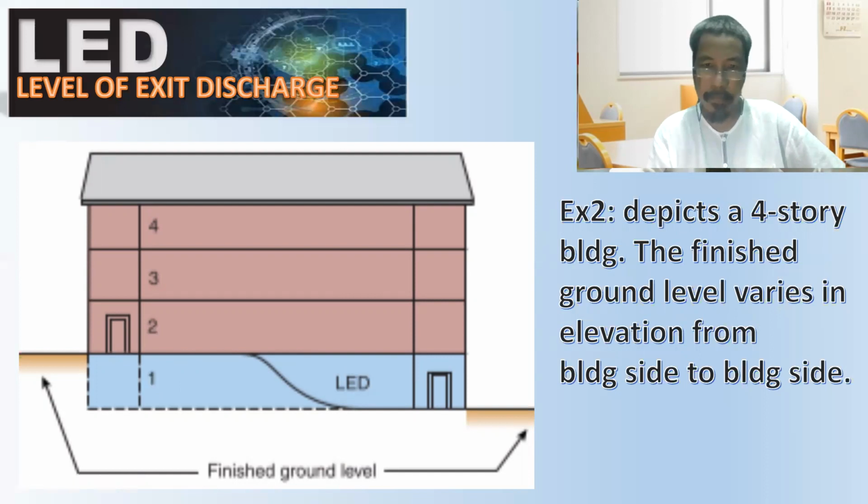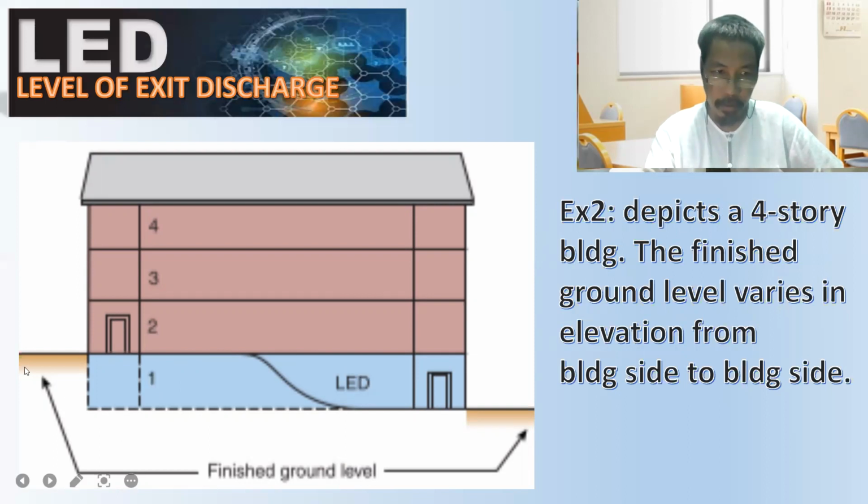And the finished ground level varies in elevation from building side to building side. The ground elevation here is on the same level as the second floor. The ground elevation here is on the same level as the first floor. Okay, that is the difference.